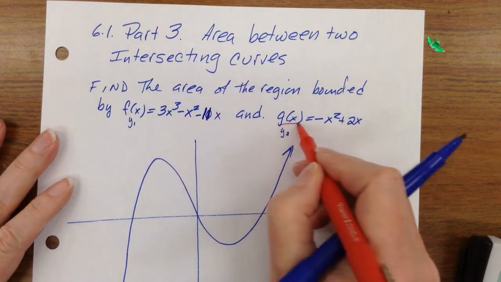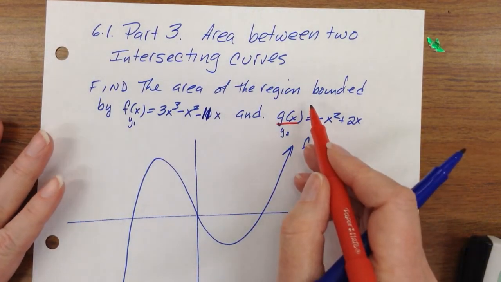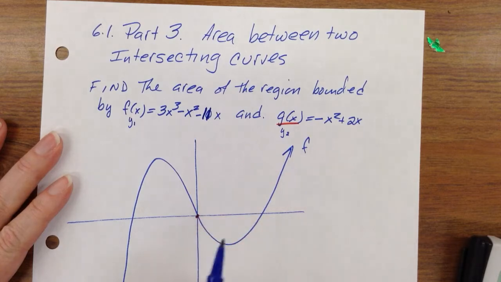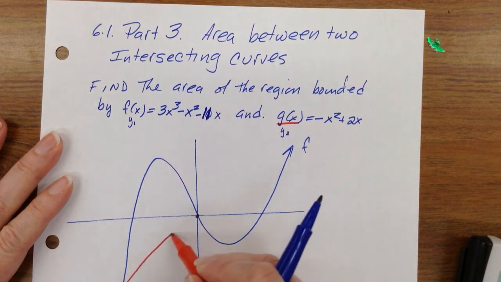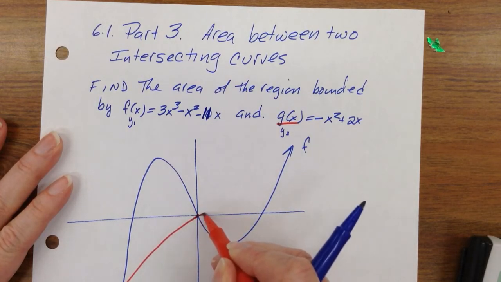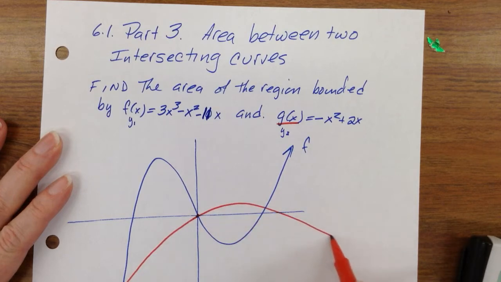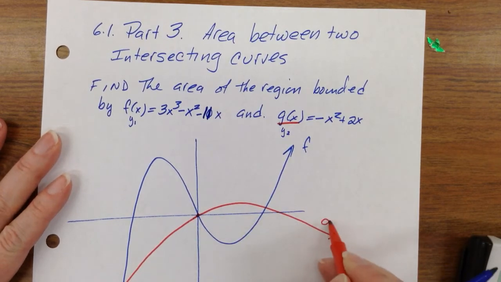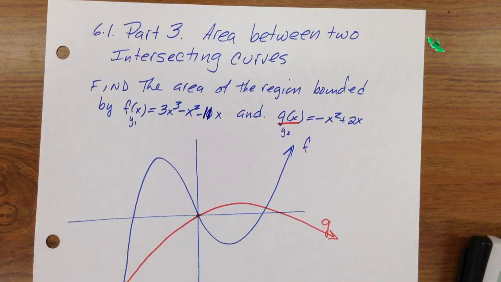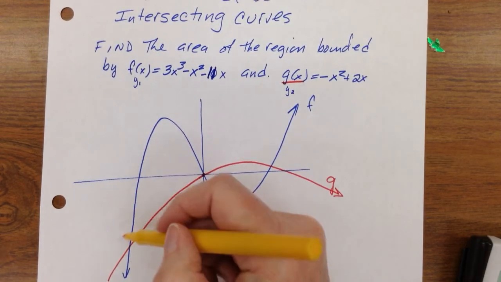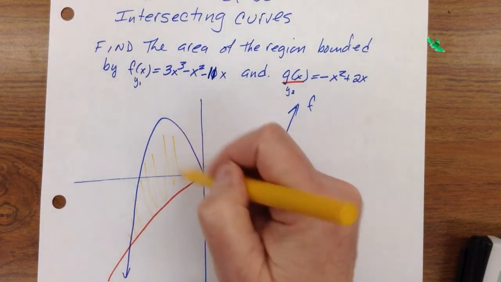And the G curve is our upside down parabola, which does like so. So we have two different regions that we have to account for.